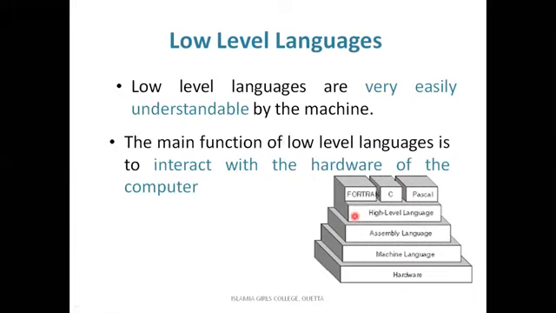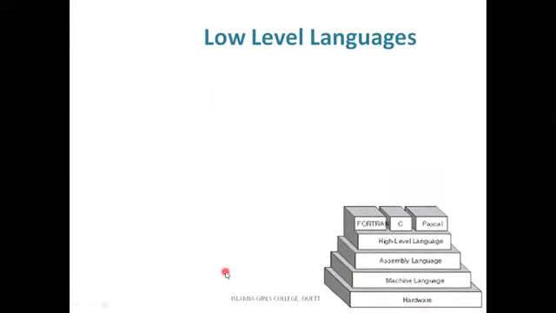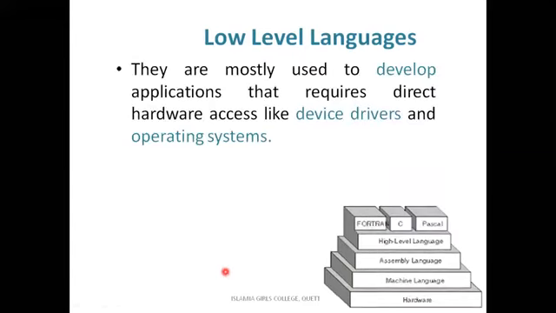Second point is that the main function of low-level languages is to interact with the hardware of the computer. As they are close to the hardware, they are used in programs for controlling the hardware. So they are mostly used to develop applications that require direct hardware access, like device drivers and operating systems.